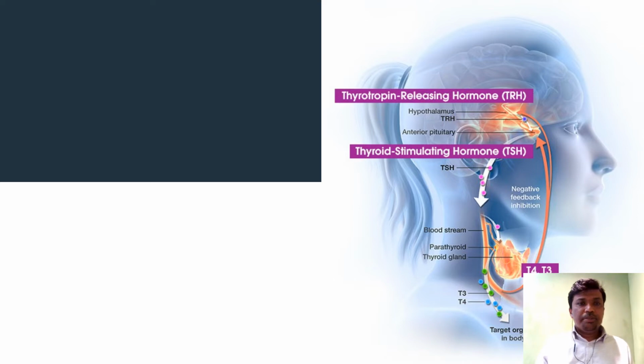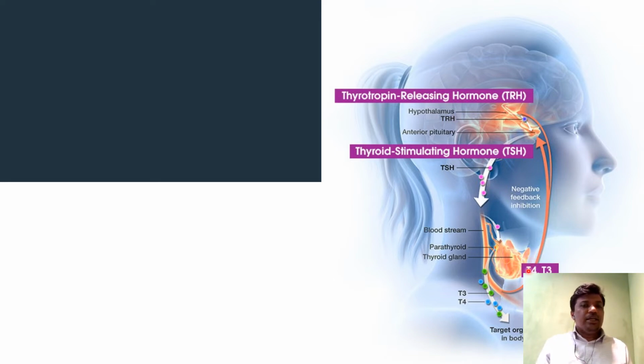So this is another slide which shows overall control of the thyroid hormone production in the body. We can see that there is the hypothalamus, which produces thyrotropin releasing hormone, TRH, which then goes to the anterior pituitary to induce the production of thyroid stimulating hormone, TSH, which in turn stimulates the thyroid gland to produce T4 and T3, which we have seen in the previous slides.